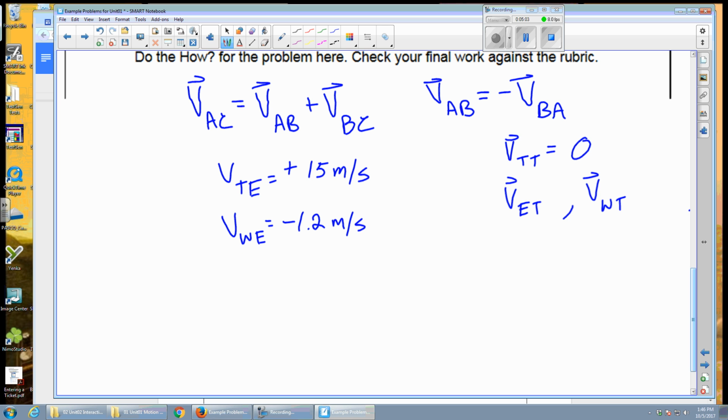Oh, wait a minute. Earth to train. I know train to Earth, and so Earth to train would just be the opposite of that one, right? So the velocity of Earth to train is the negative of positive 15 meters per second, which means it's just negative 15 meters per second.